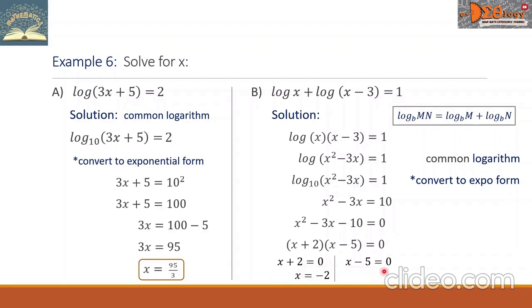This x minus 5 equals 0 becomes x equals 5. We have two values of x. When we substitute these values to our problem here, the value negative 2 is not acceptable because the value for the log can never be negative. So we only accept one value, which is 5.